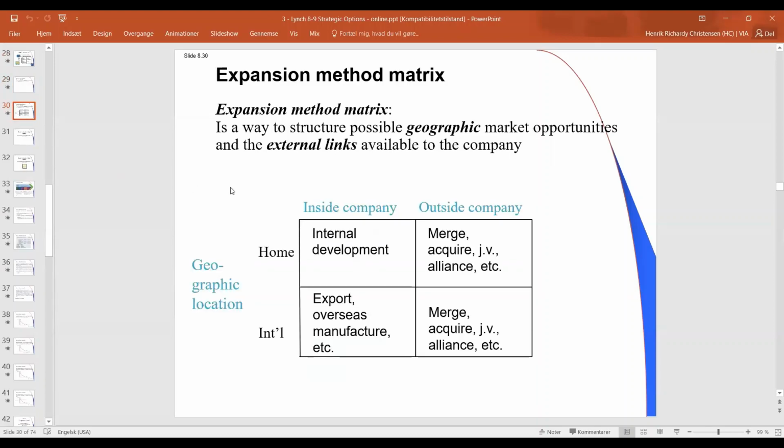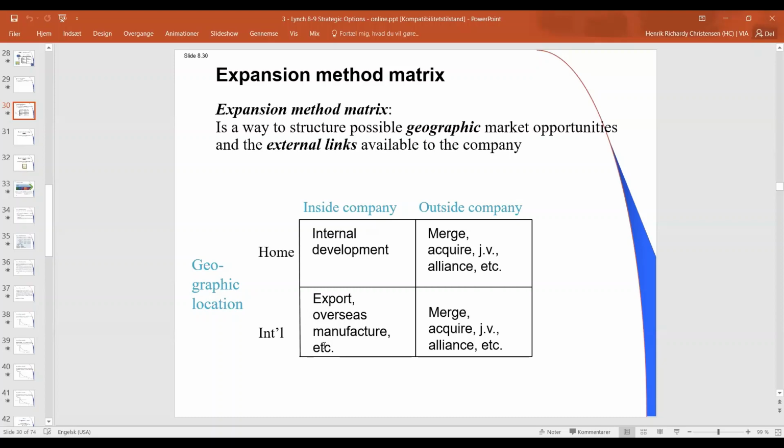It's a way to, here we have the inside of the company and we have outside the company. So inside the company, at a home market, we could have what we call internal development. And if we want to keep things to ourselves, but we want to go international, we could look into export, overseas manufacture, and that kind of stuff.